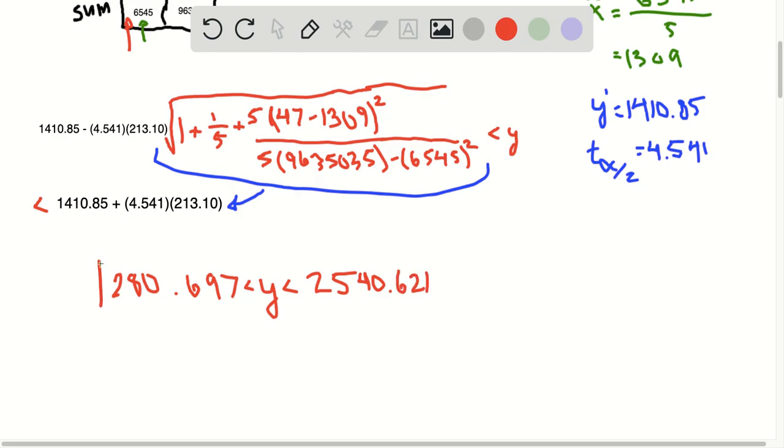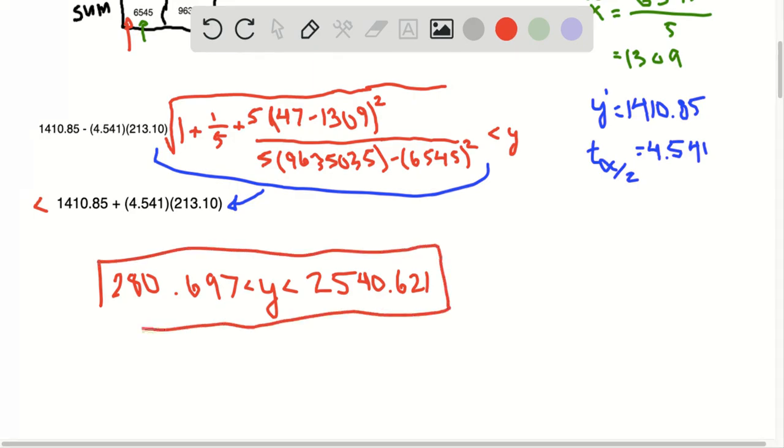Now, of course, with rounding, there may be some variation in these answers, but if your answer looks approximately similar to what I've got, then you should be good and you should be set.